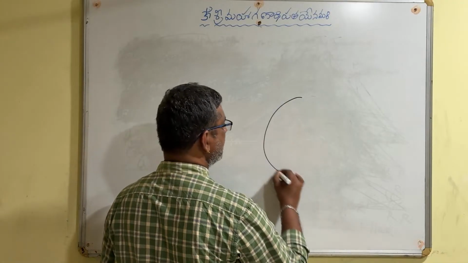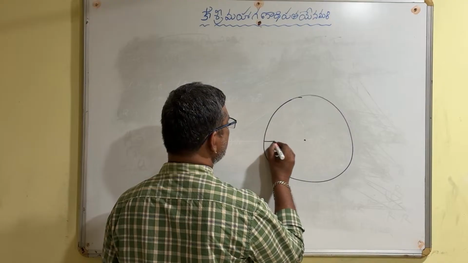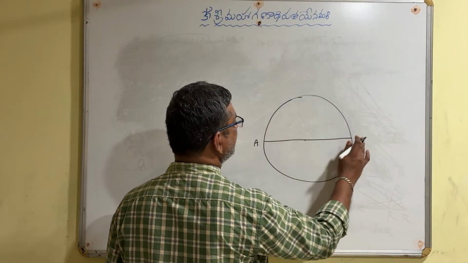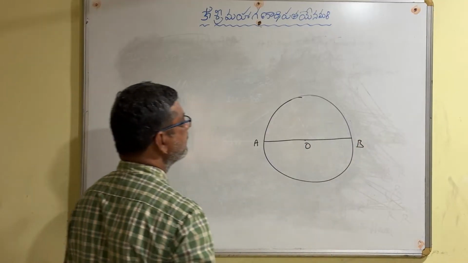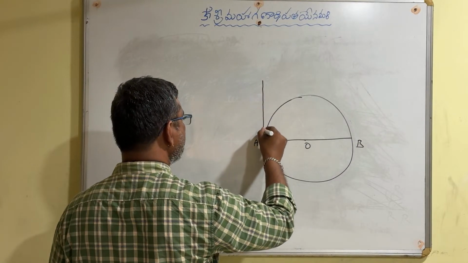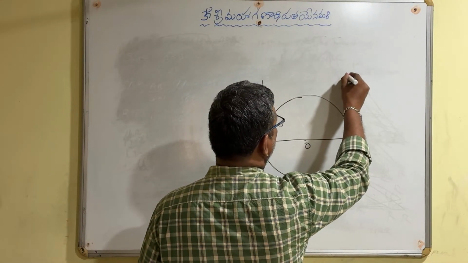There is a circle with center O. AOB is the diameter and two tangents are drawn.